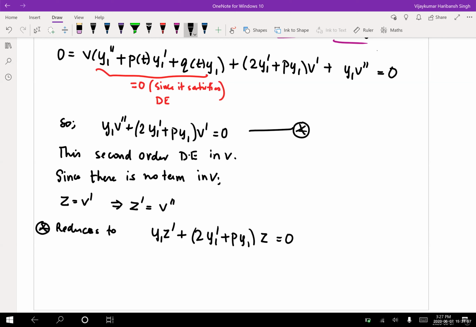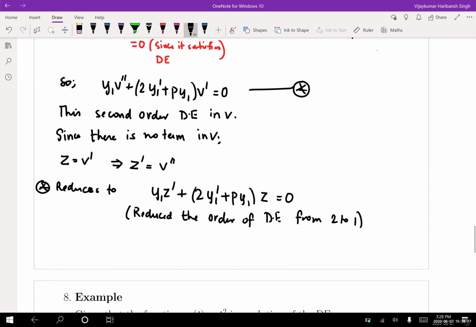Now we have reduced the order, from 2 to 1.